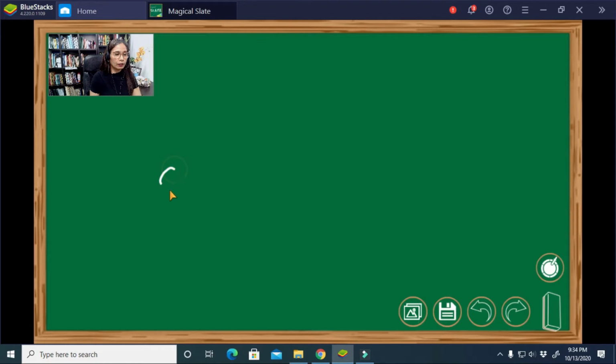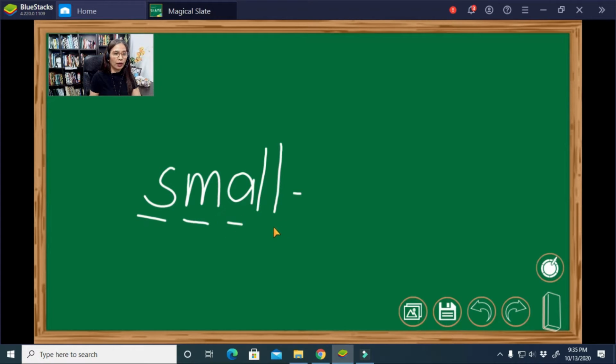Okay. Can I proceed with another example? We have the word. Try to read and listen to the sounds. Small, small. See? It's not small, but small. So we do have the S sounds and M and then a short O and then L. This one, A here is pronounced as A. Alright?